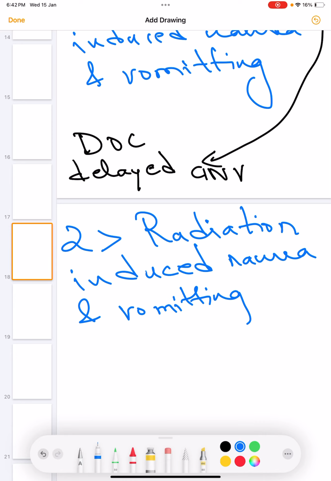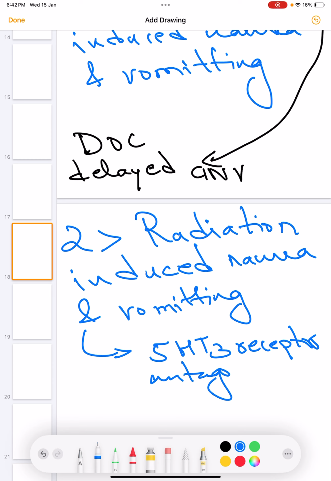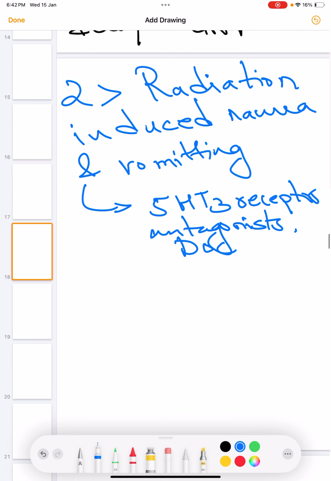That means ondansetron like drugs. These 5-HT3 receptor antagonists are also being increasingly used in post-operative nausea and vomiting.